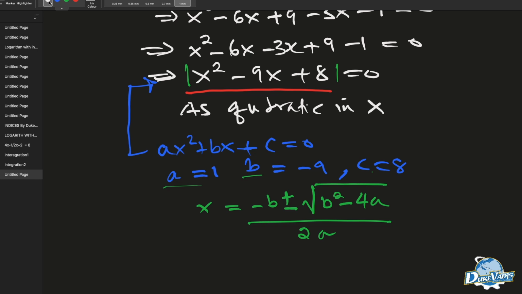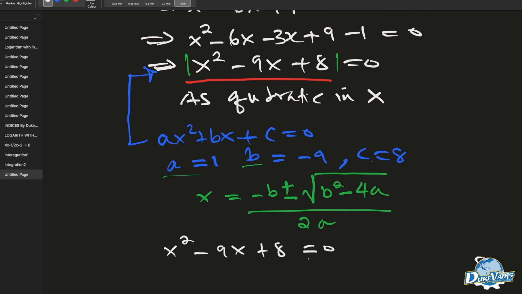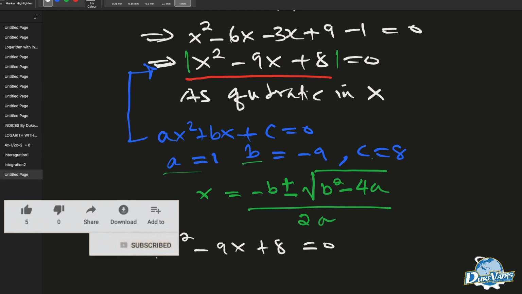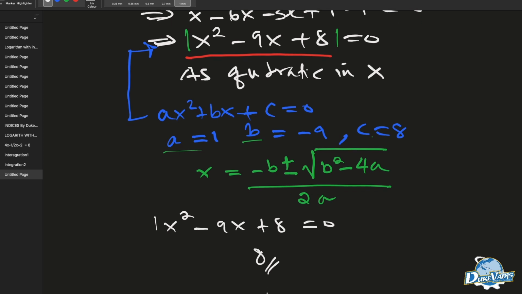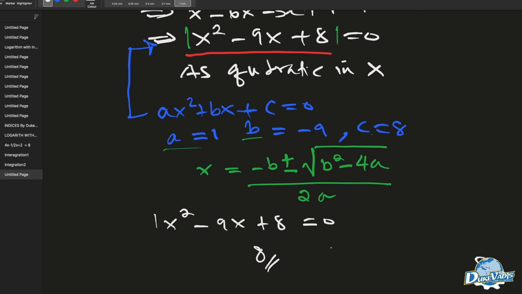When we substitute these values into the equation, we can solve it easily. But we also know that for x squared minus 9x plus 8 equals 0, first of all we multiply the coefficient of x squared, which is 1, by 8, and our value will be 8. The factors that can help us solve this equation will be -1 times -8.